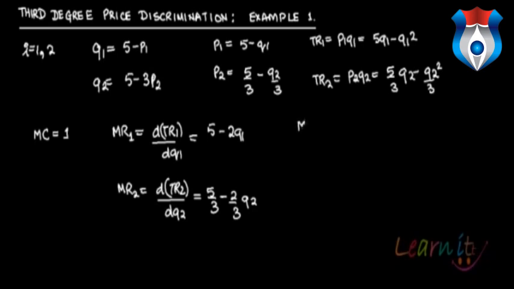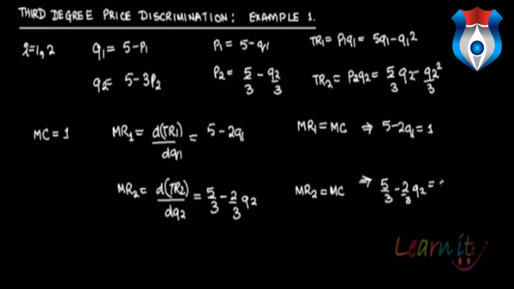In equilibrium, MR1 should be equal to MC and MR2 should be equal to MC. This would imply 5 minus 2Q1 equals 1, and this would imply 5 by 3 minus 2 by 3 Q2 should be equal to 1.